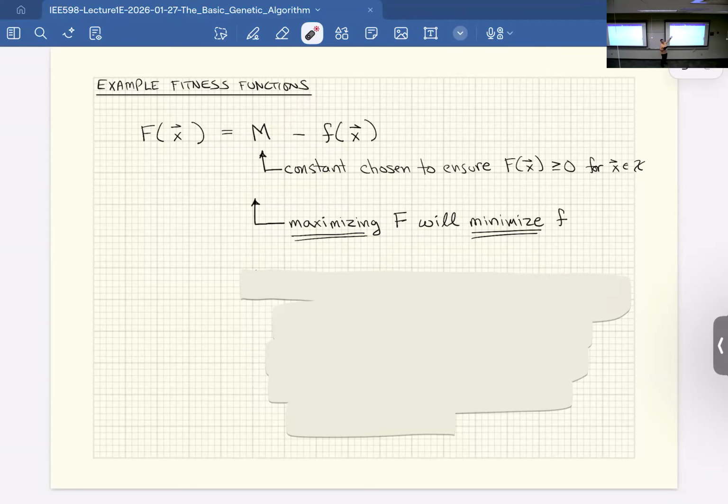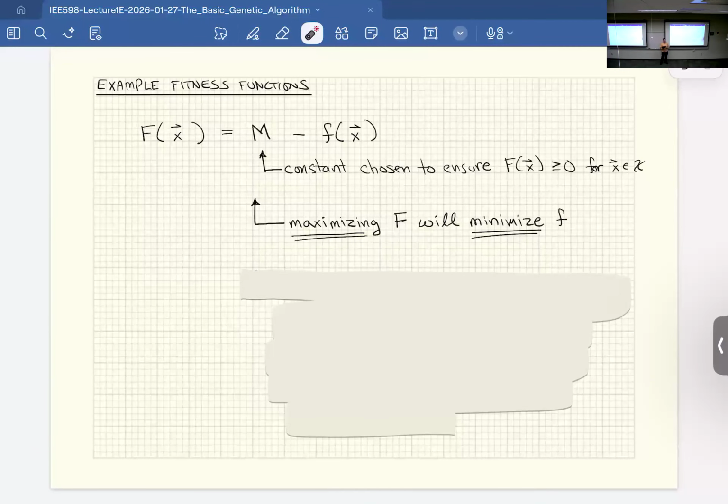So that is one simple common way to generate fitness functions if you're doing a minimization problem: figure out, for your feasible set, what the bounds are on your optimization objective. Create a constant that is larger than those bounds so that when you do M minus that, it will never be negative.